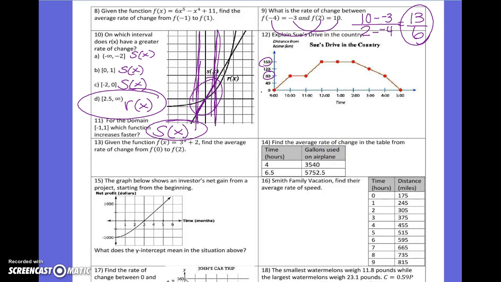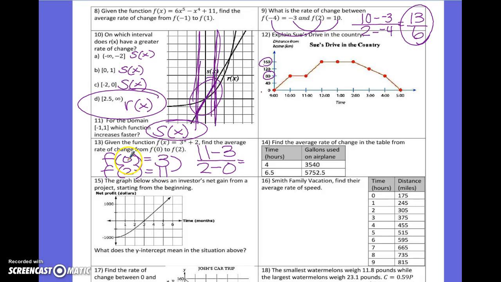The next one, given the function, find the average rate of change from f of 0 to f of 2. So if I plug in a 0 to the function, the output gives me a 3. And if I plug in a 2, the output gives me an 11. So I'm going to do the outputs, 11 minus 3 over 2 minus 0.